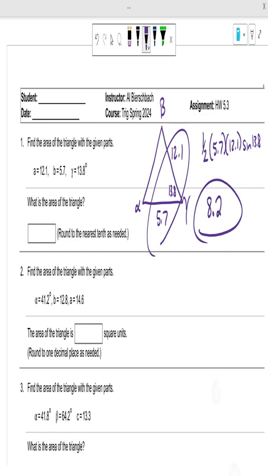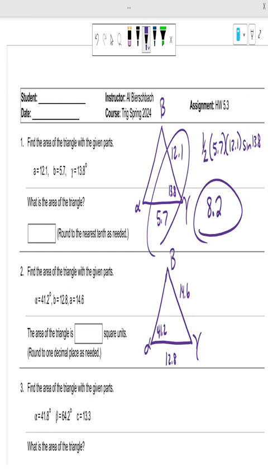Okay? Now the next one is not set up quite that way. We have alpha, beta, gamma. Alpha is 41.2, B is 12.8, and A is 14.6. And you go, oh, I don't have side angle side.